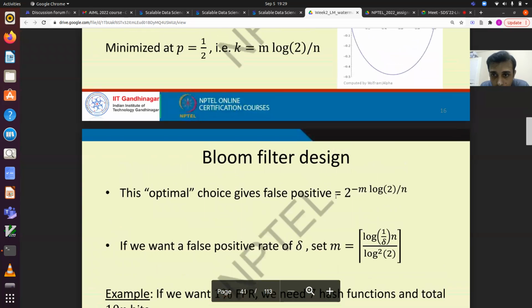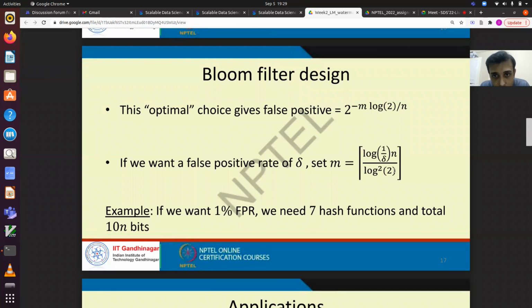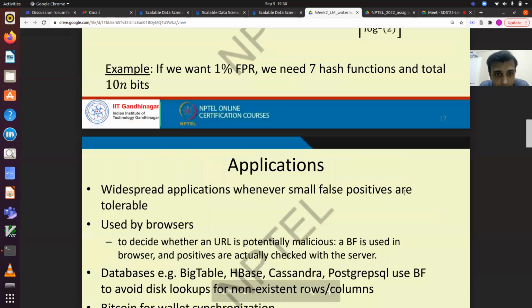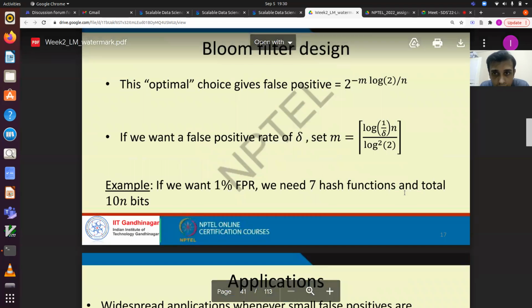So the optimal choice gives us 2 to the power m log 2 by n and a false positive rate of delta. So this is the formula for getting m.